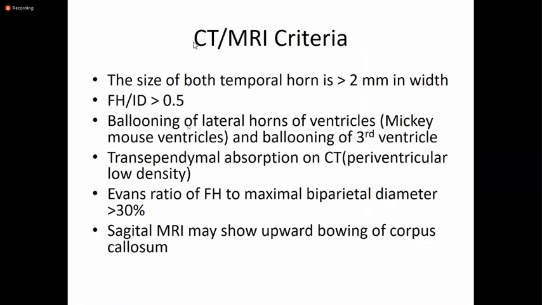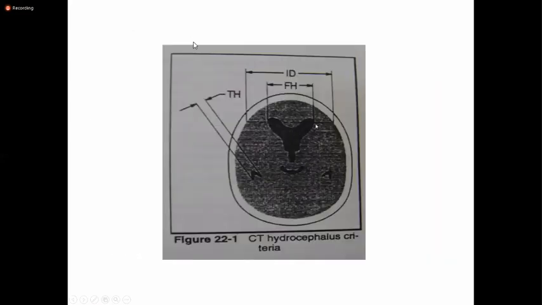The third point is ballooning of the lateral horns of the ventricles, which is also known as Mickey Mouse appearance. This is an easy point to understand, and I will show it to you. Can you see this picture?